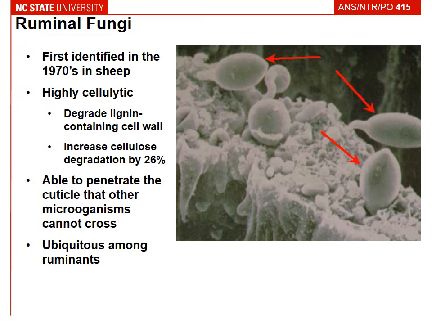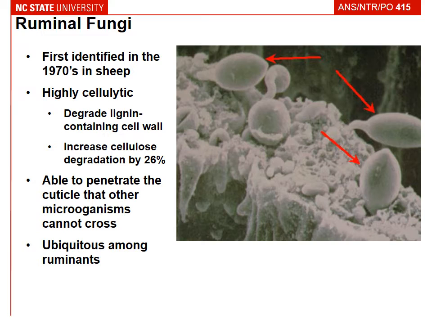In addition, these fungi are able to penetrate the cuticle within the plant cells much better than other microorganisms can. They're able to penetrate this, and the bacteria, etc., cannot cross that cuticle. And that's one of the other reasons why we increase our cellulose degradation by having these fungi.